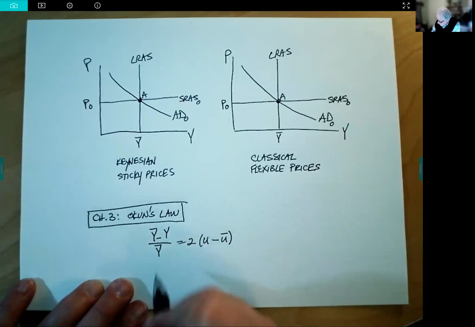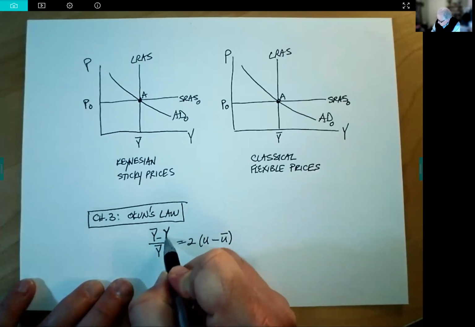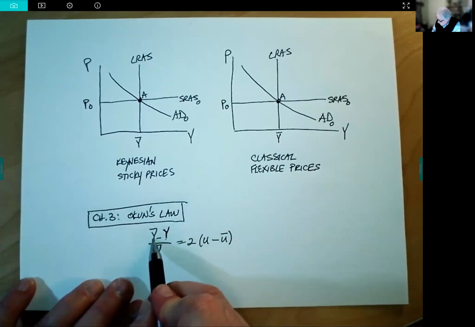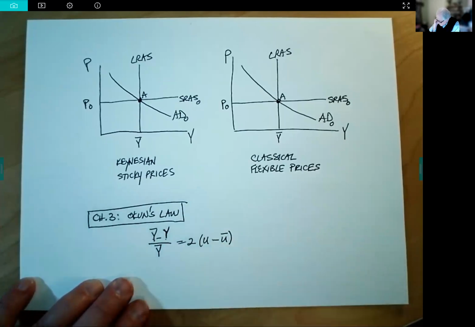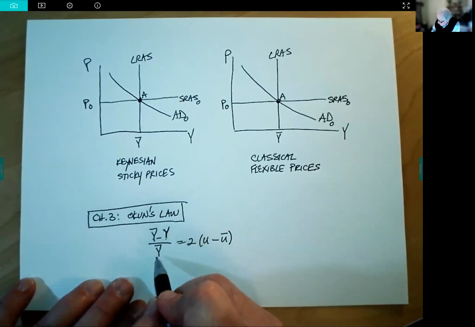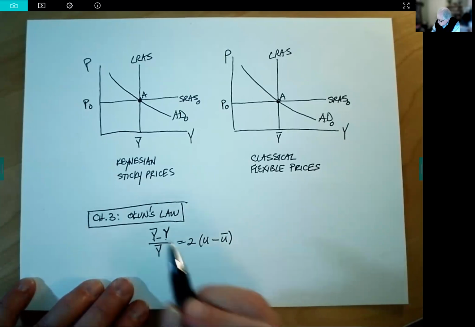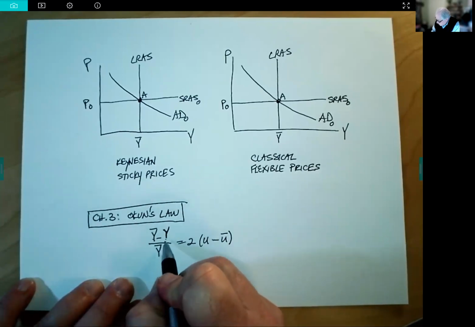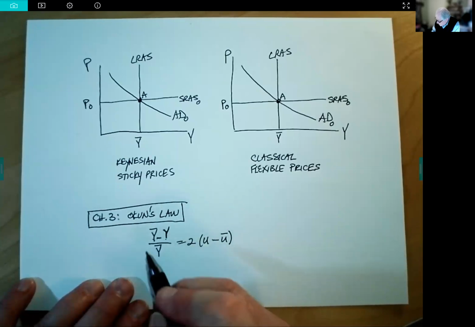So, for example, if the actual level of GDP, Y, is less than potential GDP, that would be a recession, right? Then this is a positive number. This is the percent of potential GDP where the economy is, how close to potential GDP, but it's below potential GDP in that case. So that's a positive number.